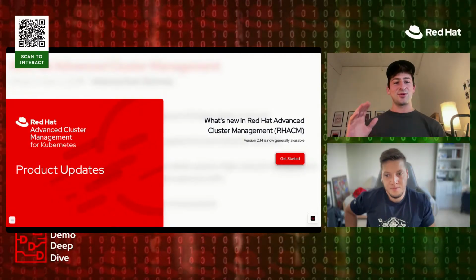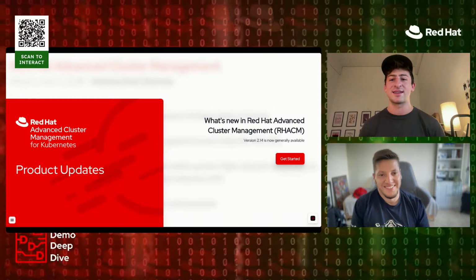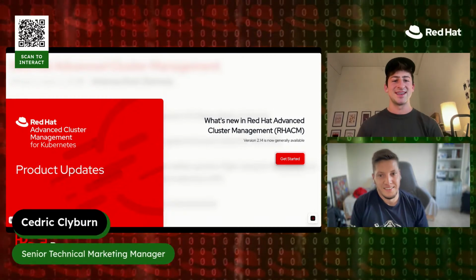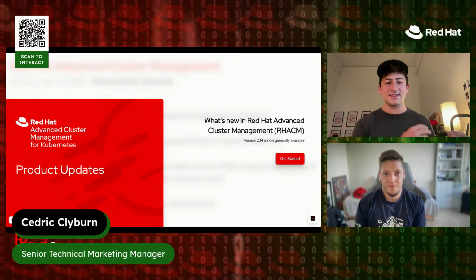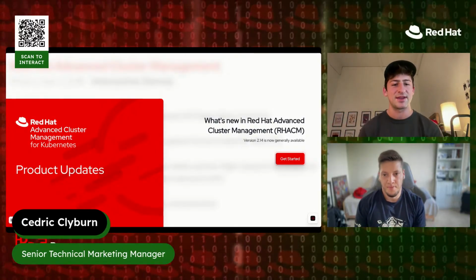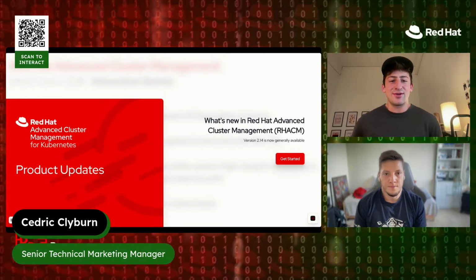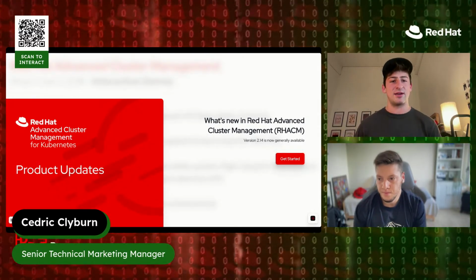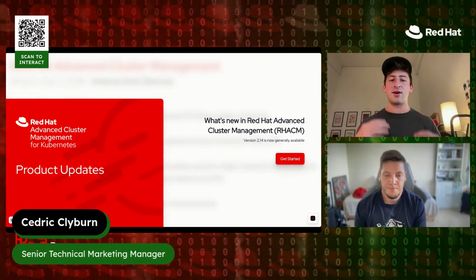We're actually really excited because this is the first episode of a series we're calling Demo Deep Dive, which is really fun for me as a developer advocate, as a technical marketing manager here at Red Hat, because there's a lot of cool technology that doesn't always get shown, especially in a technical way. We talk about things and make blogs and content around it, but we don't always get into the weeds.